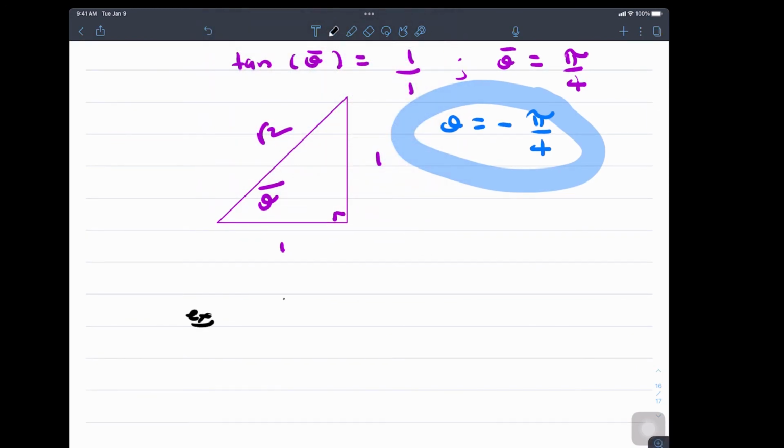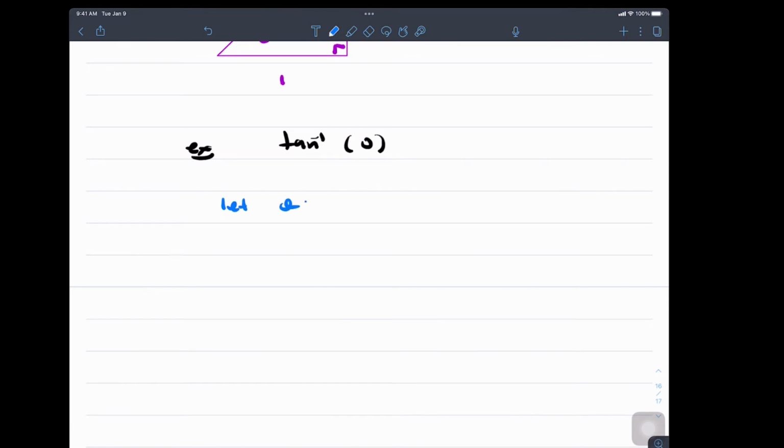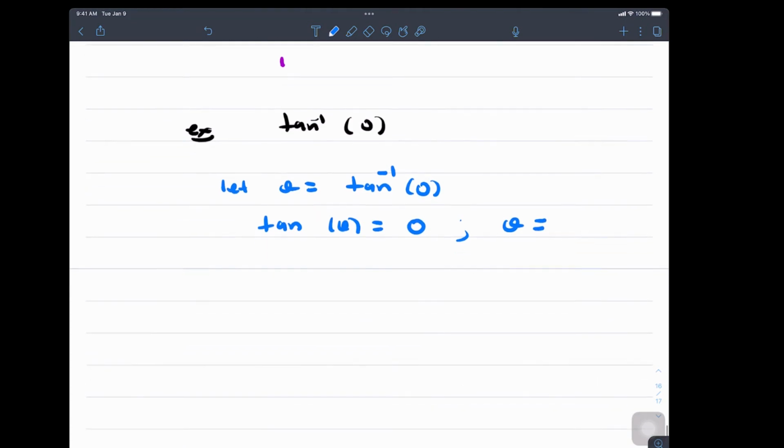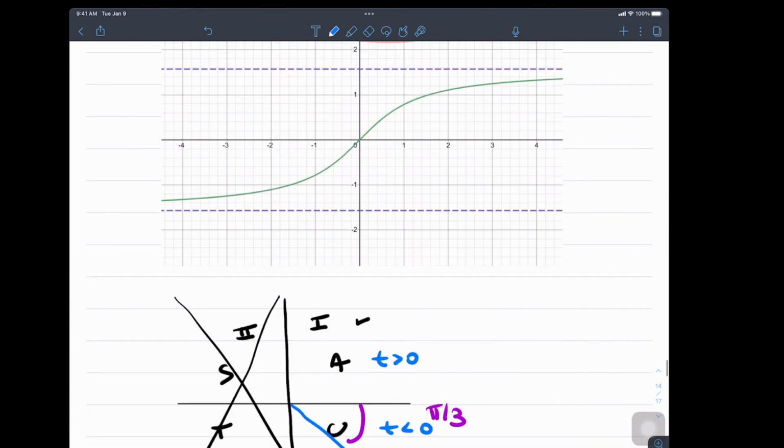What about something like this? Inverse tangent of 0. Sorry, inverse tangent is 0. That means by definition, tangent theta is what? 0, is that right? So what does theta have to be here? You guys know? Well, I'm going to go back to the tangent curve.